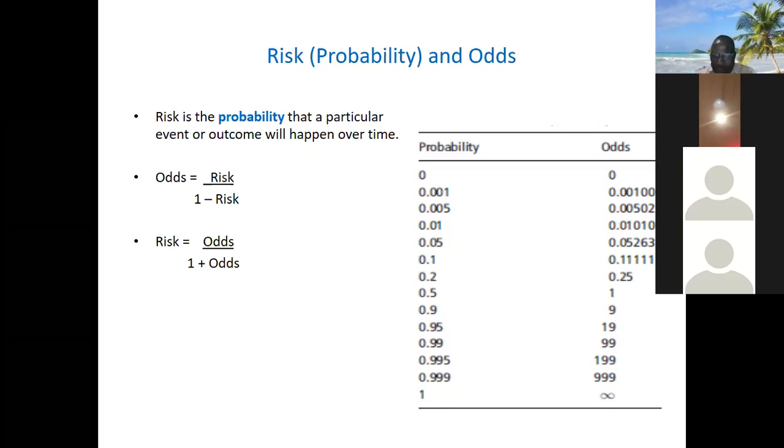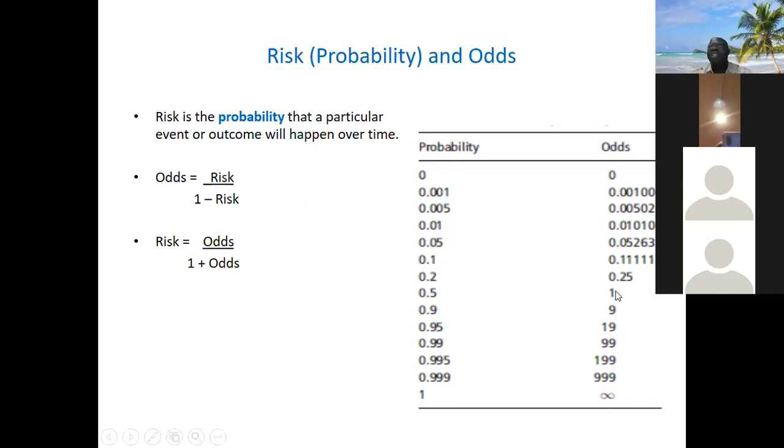Now, if you express probability as a percentage between 0 and 100%, you express it as a fraction between 0 and 1. It cannot be greater than 1, and cannot be less than 0. The odds is from 0 to infinity. If you start calculating from 0 and begin to increase the probability, you see that when probability moves from 0 up to halfway, 0.5, the odds is 1.